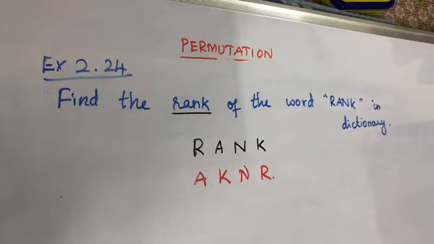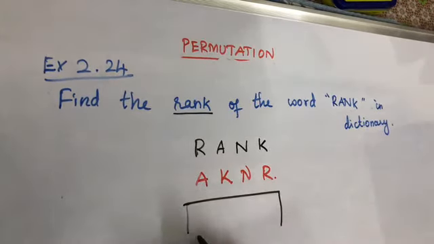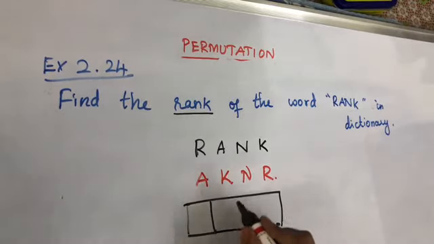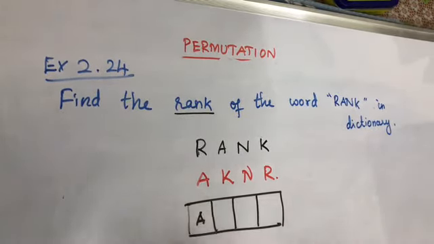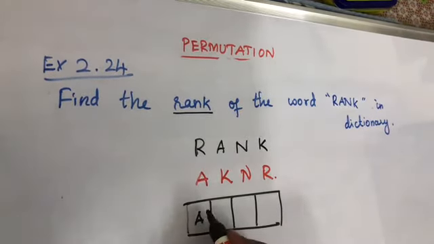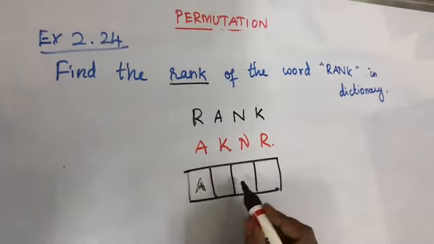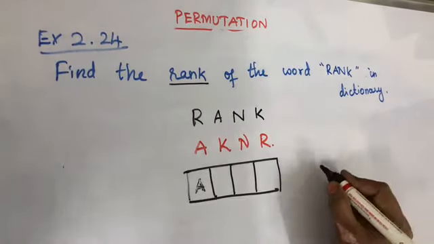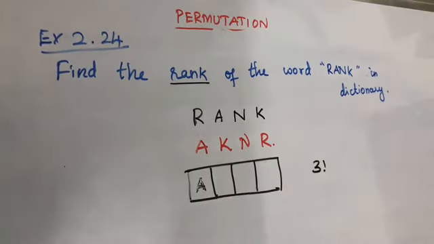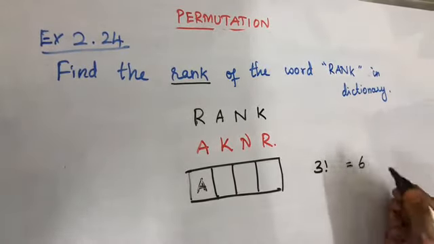Now, I am going to allot 4 places. First which letter should come? A will come. So the number of words starting with A: the remaining 3 places can be filled in 3 factorial ways, that is equal to 6.